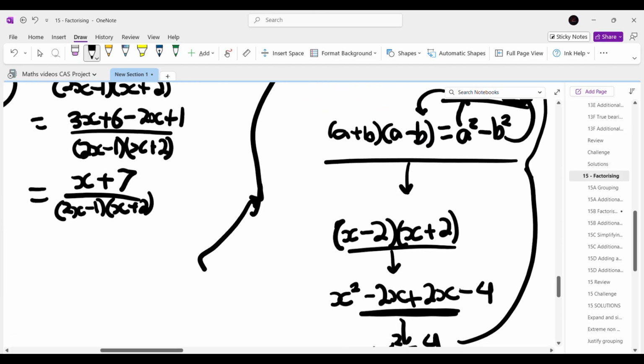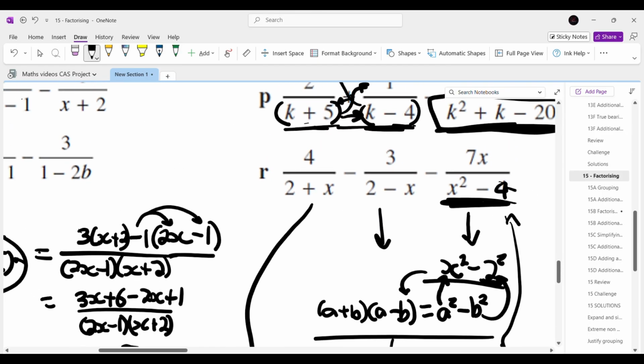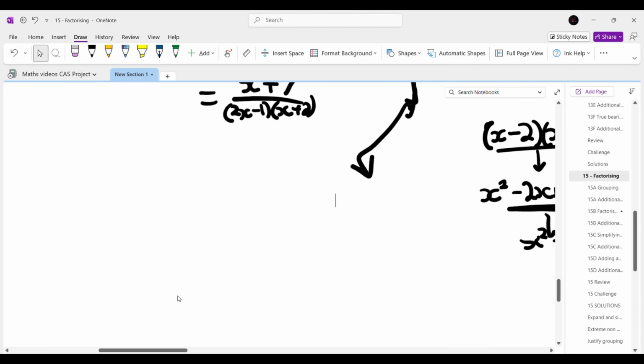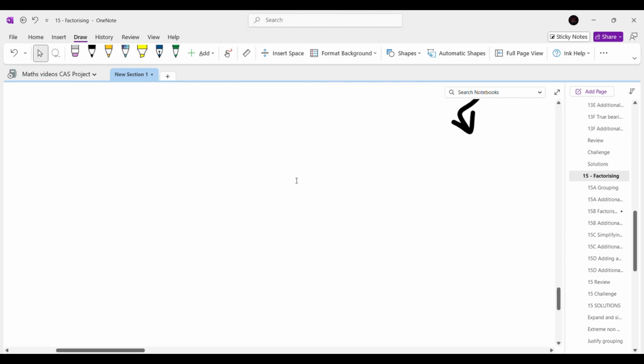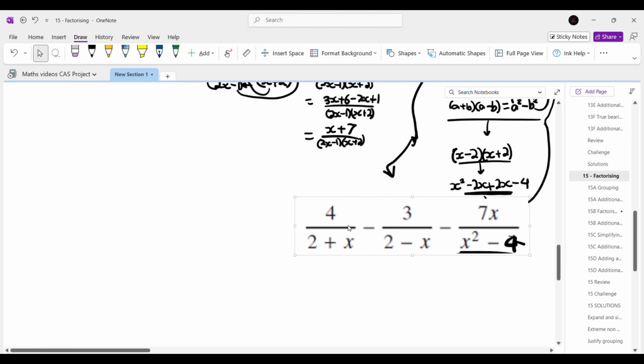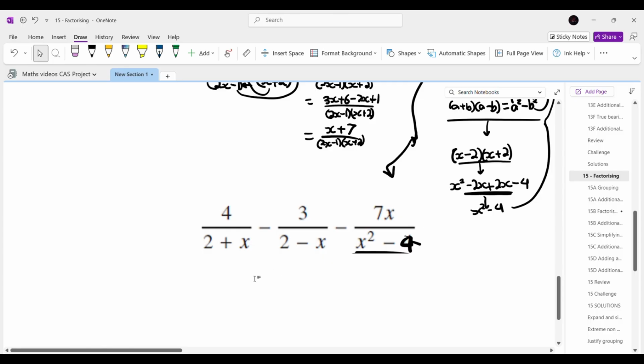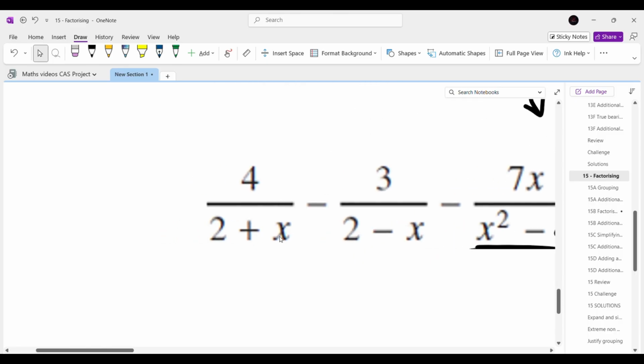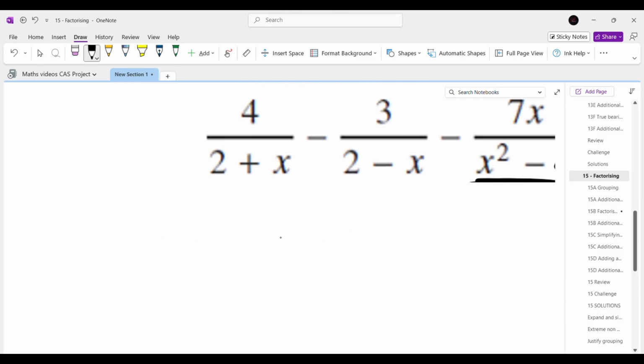We can just simplify these factors down. I'll copy paste this equation so that we can work on it down here. So we have this. Alright, so now we have 4 over x plus 2. Let's just rewrite that for more convenience.